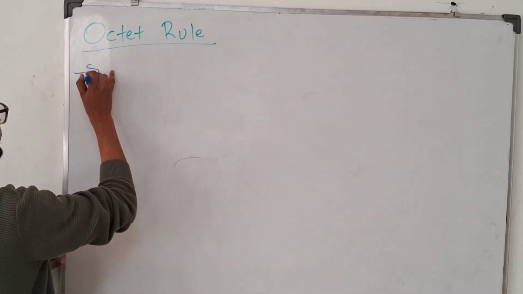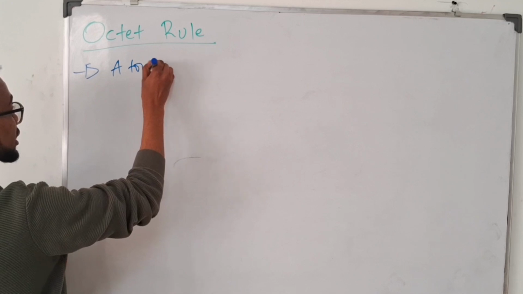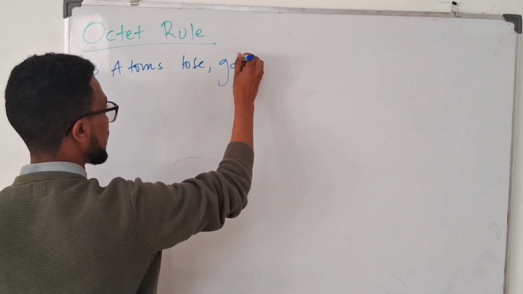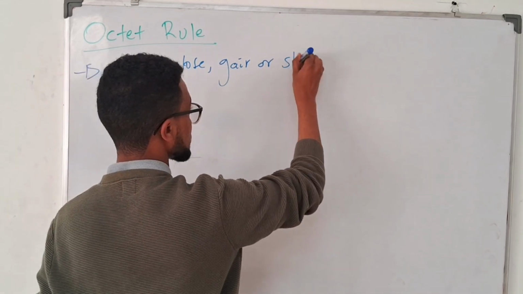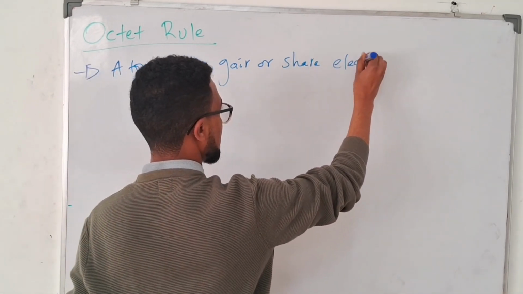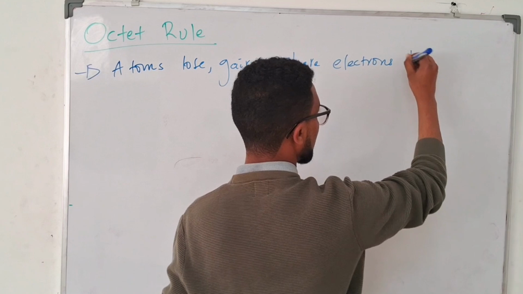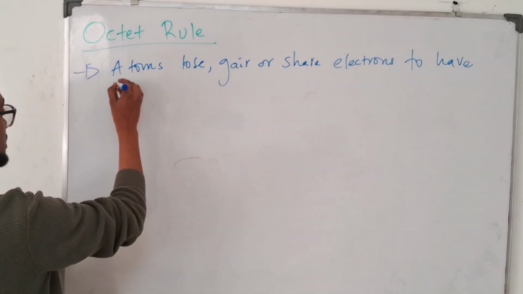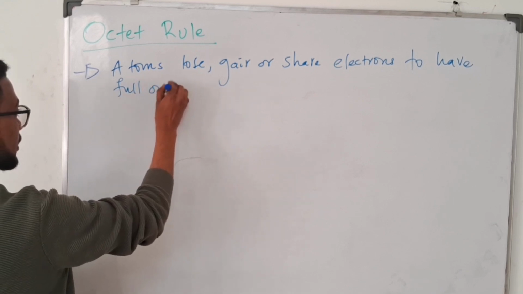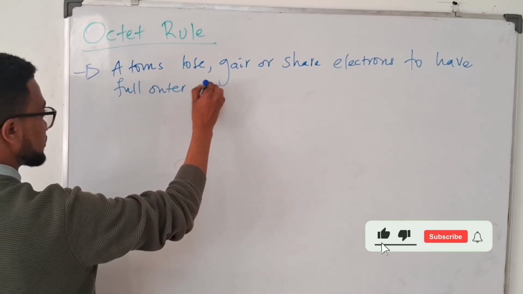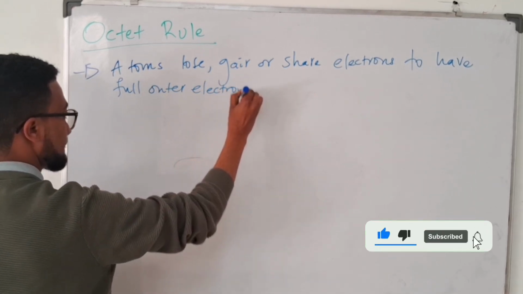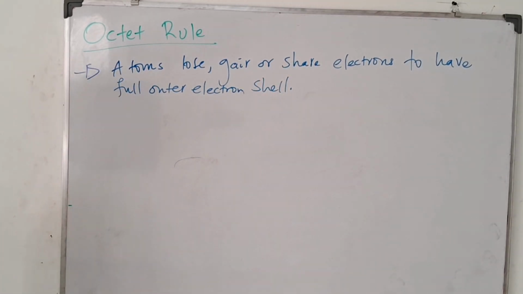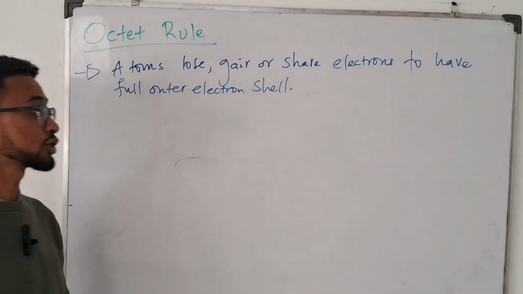So according to the octet rule, atoms lose, gain, or share electrons to have a full outer electron shell. To have a full outer electron shell, atoms will tend to lose, gain, or share electrons.